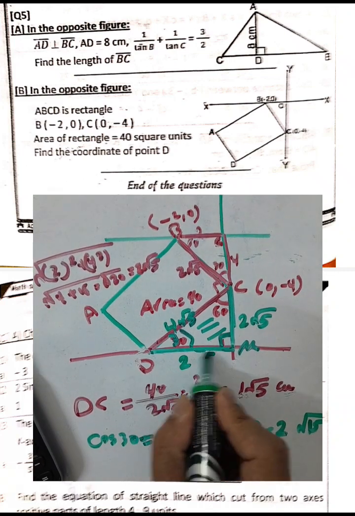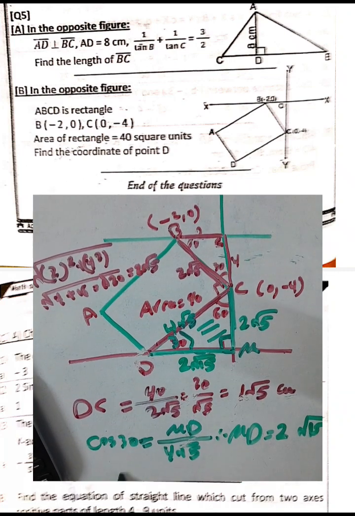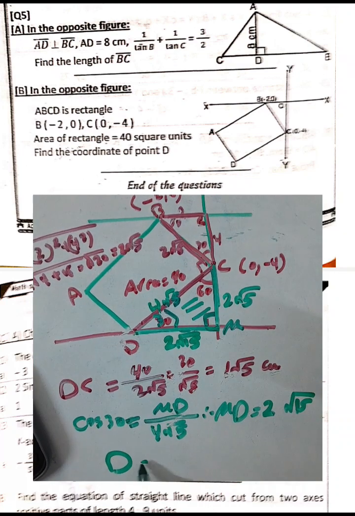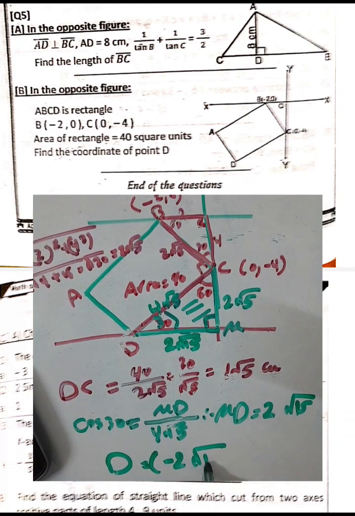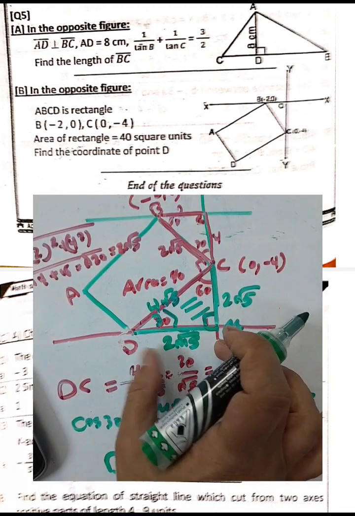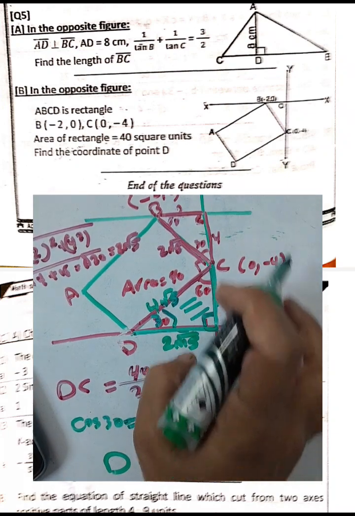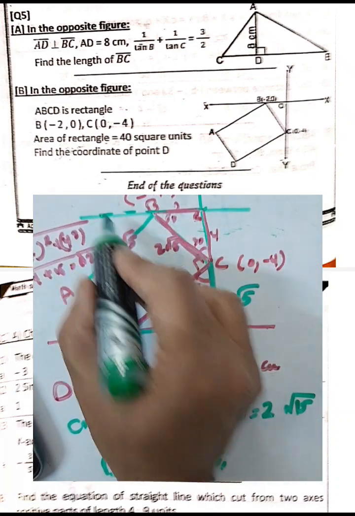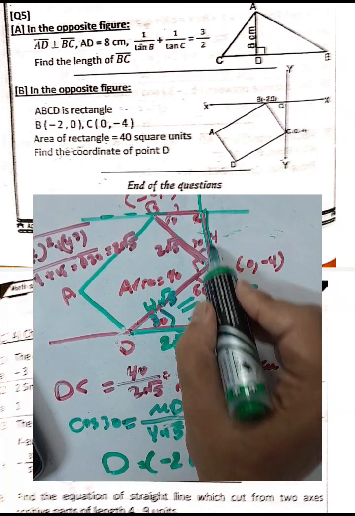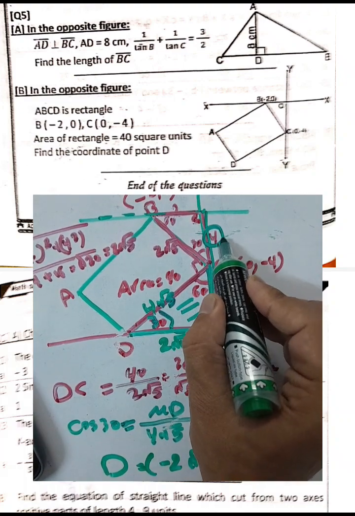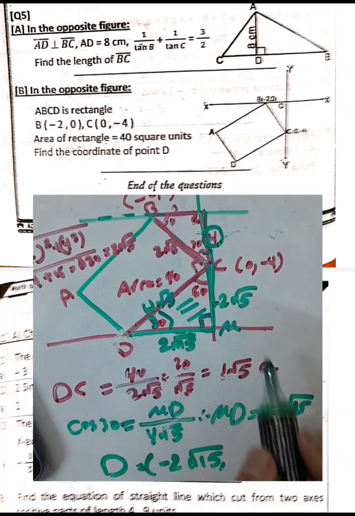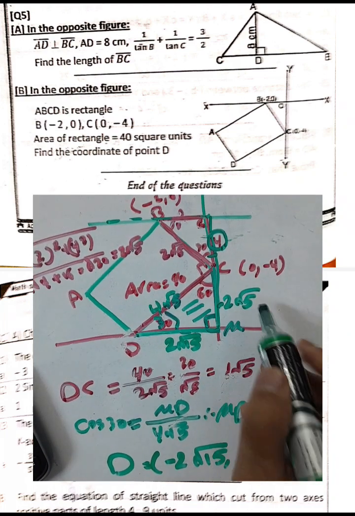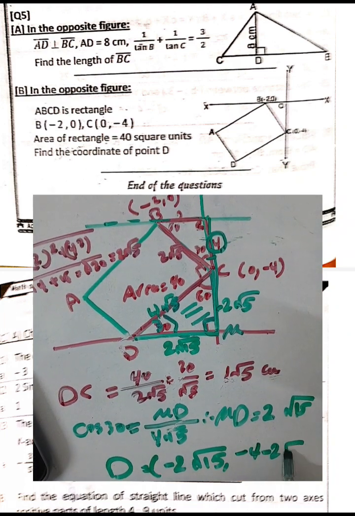Then it will be root 15. Then the coordinate of the point D will be what? We moved here to the left-hand side, negative 2 root 15. And down here, 4, negative 4 and negative 2 root 5.